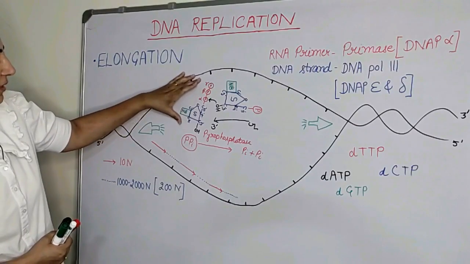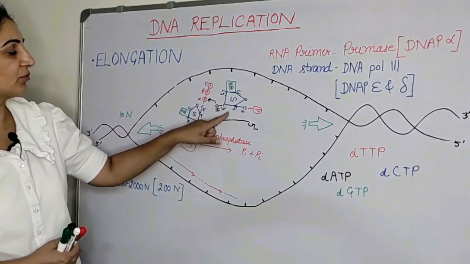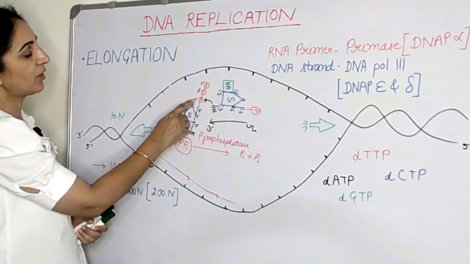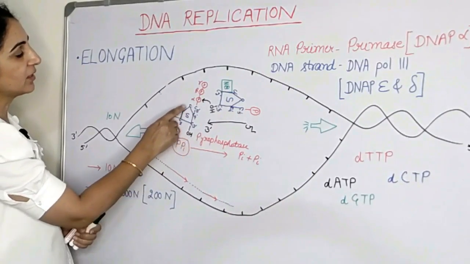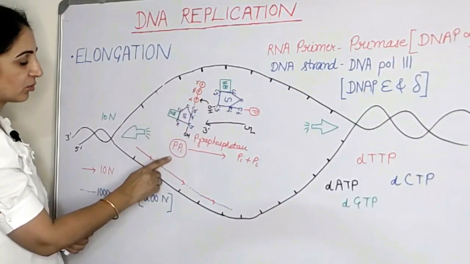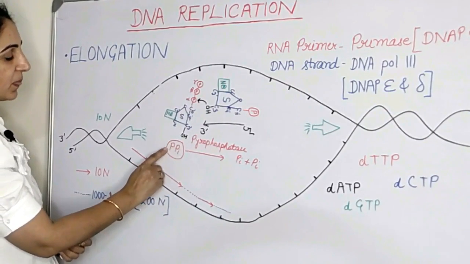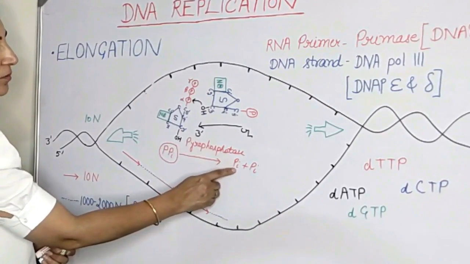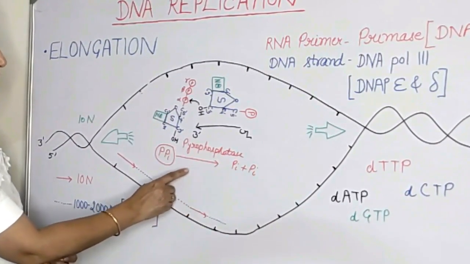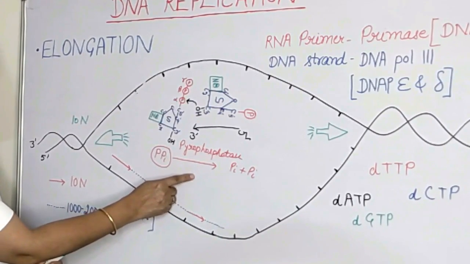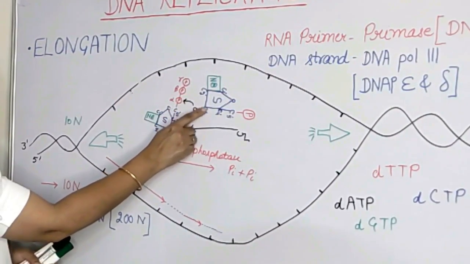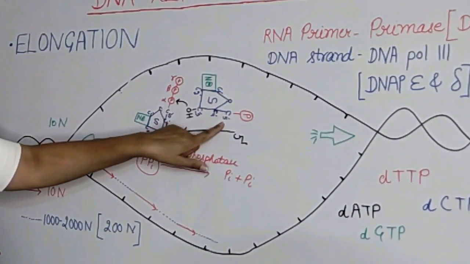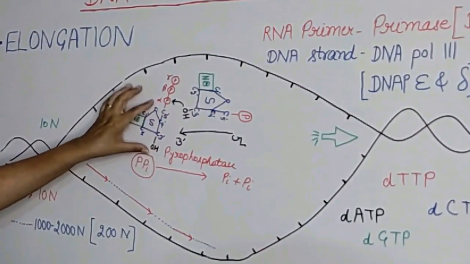These triphosphates come, and the OH group of the pre-existing nucleotide makes a nucleophilic attack at the alpha phosphate group of the next nucleotide, so that the pyrophosphate group gets broken, which is further attacked by the enzyme pyrophosphatase, and you form two inorganic phosphates, and energy is released in this process, which is utilized in the formation of phosphodiester bonds between the carbon number 3 of the pre-existing nucleotide and the carbon number 5 of the next nucleotide.